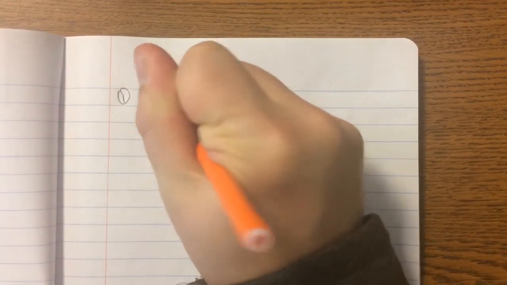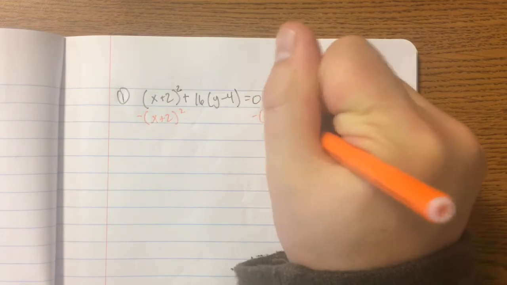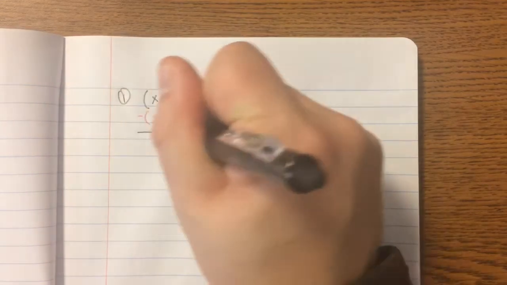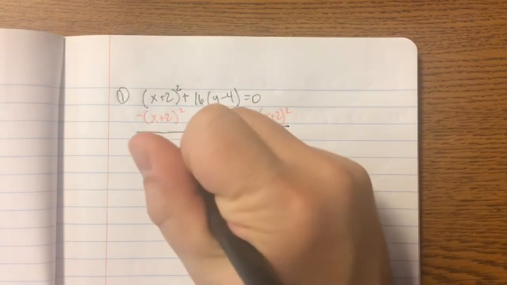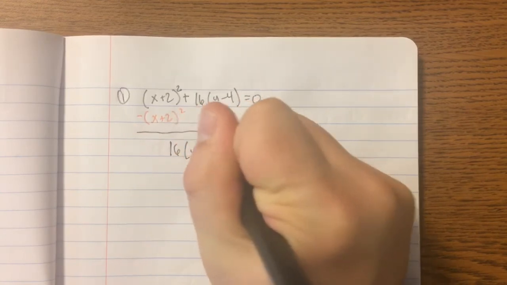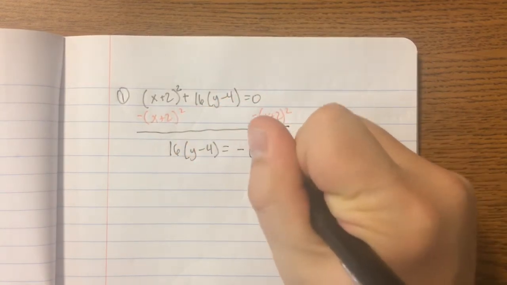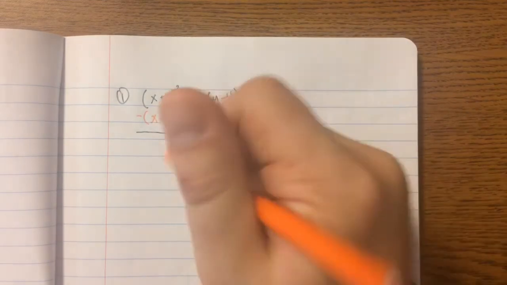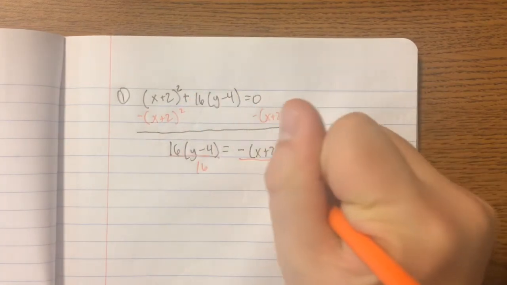So I'm going to subtract (x + 2)^2 from both sides, really in an attempt to move it to the right-hand side. So now I've got 16(y - 4) = -(x + 2)^2. What would be my next step? Divide by 16. All right, so I'm going to divide both sides by 16.